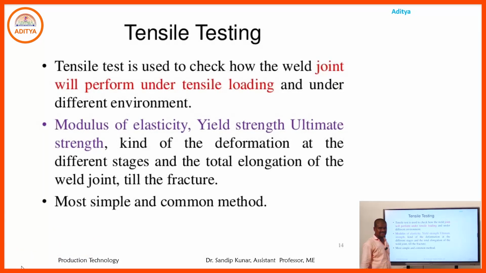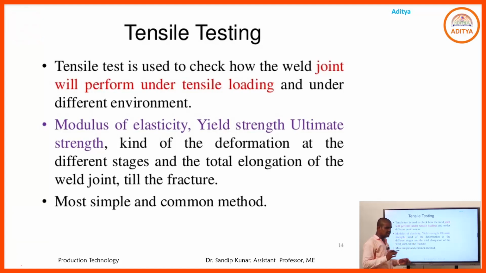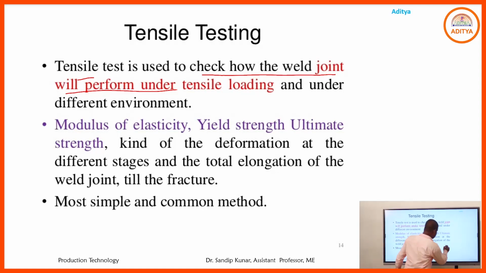First, tensile strength. To get the magnitude of the tensile strength, we use universal testing machines. Using that machine, we get the tensile strength magnitude. The tensile test is used to check how the weld joint will perform under tensile loading. That is the component.